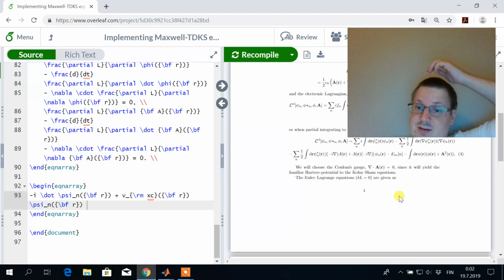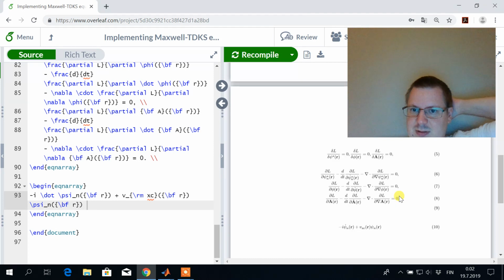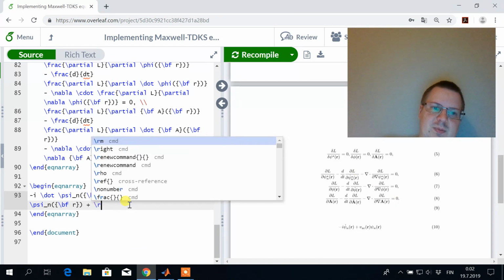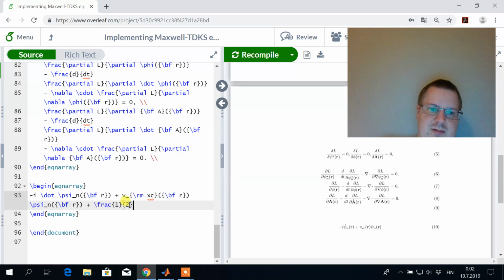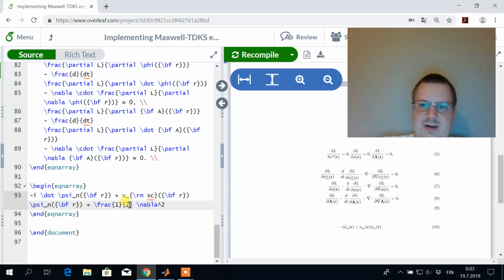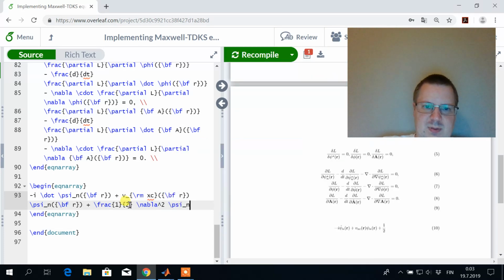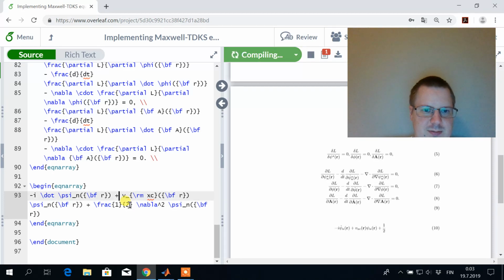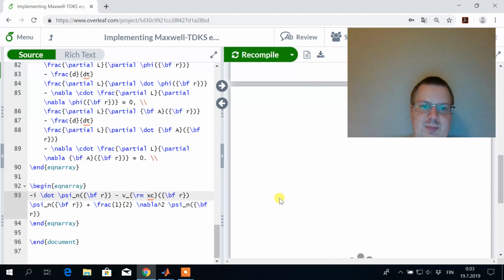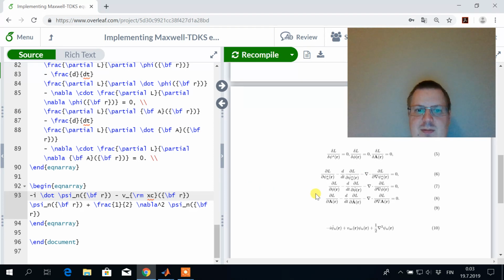And then here's minus, and here's minus, so it will be plus 1/2 nabla squared psi n. So this is actually working. And then there should be minus, so there was minus exc in the Lagrangian since it has minus the potential energy.